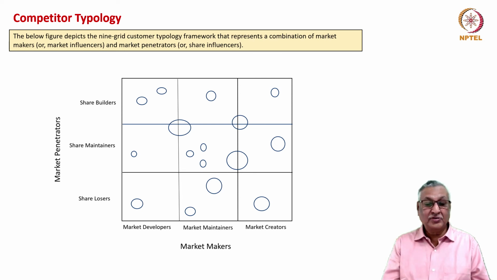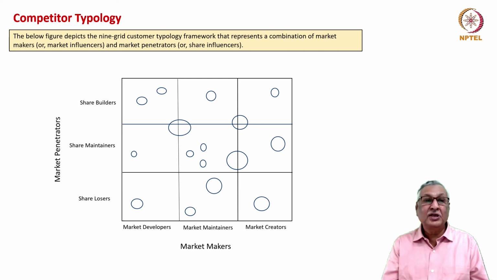At the least, we have the market destroyer and the share loser, and that's not a great grid to have. But we have several other grids available where companies can move. You can be a share loser today, but you may try to get into a situation where you are a share maintainer.